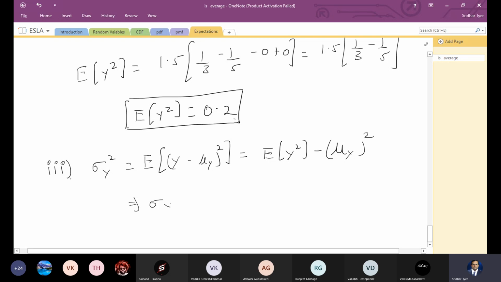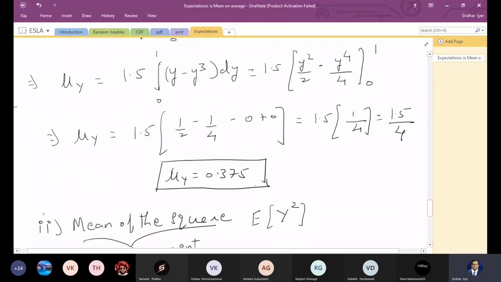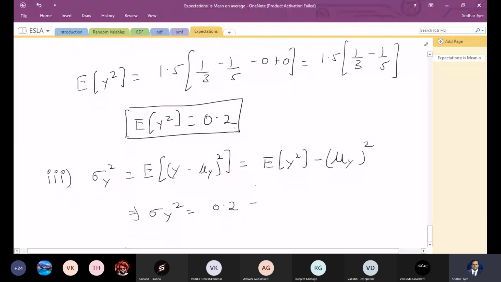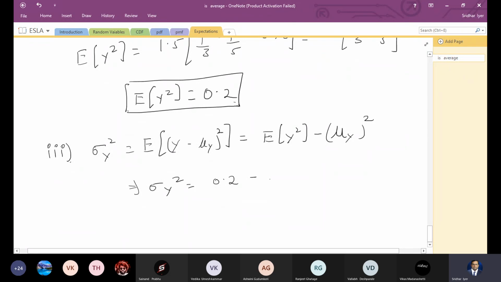Therefore, sigma y square is E of y square, which you can see is 0.2, minus mu y square, and mu y is 0.375, right? So you'll have 0.2 minus 0.375 the whole square. Okay.